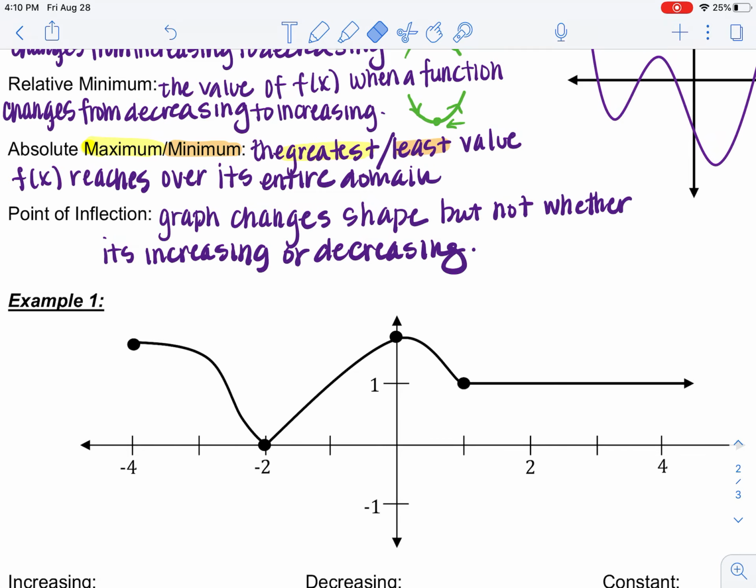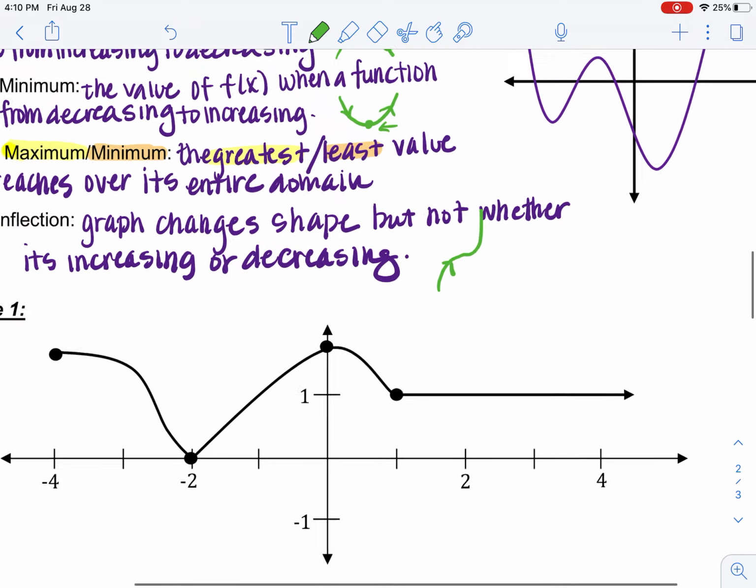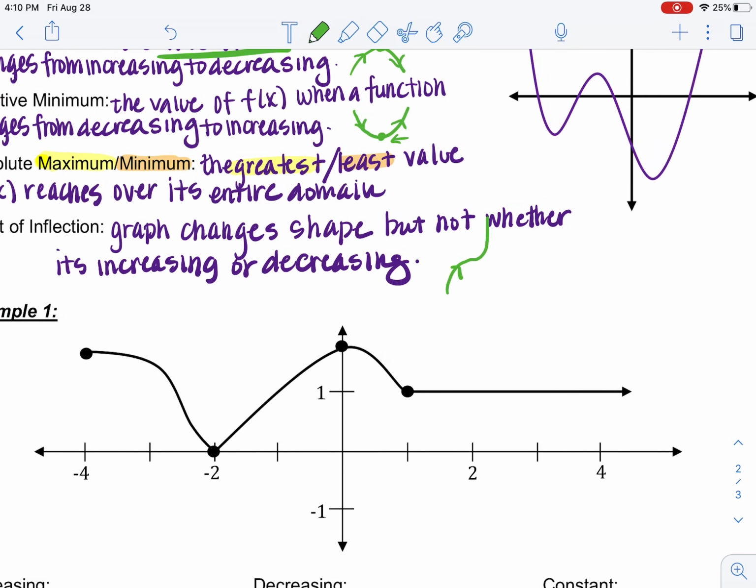All right, last, a point of inflection. I'm just going to tell you what this is because I don't want you to confuse a point of inflection for a relative minimum or a maximum. So I'm going to draw an example of what this looks like. So notice this is increasing, and then the graph is still increasing, but it changes direction. It changes shape.